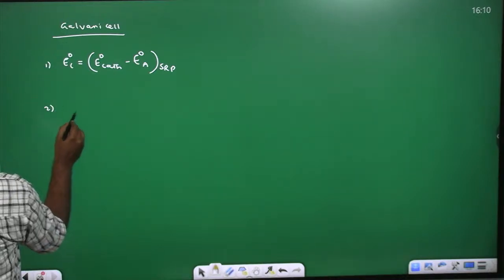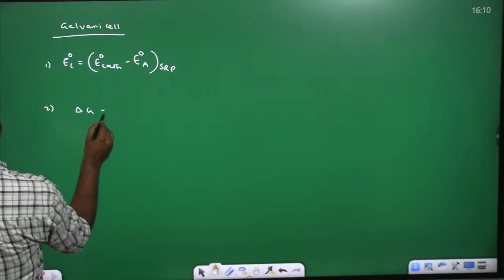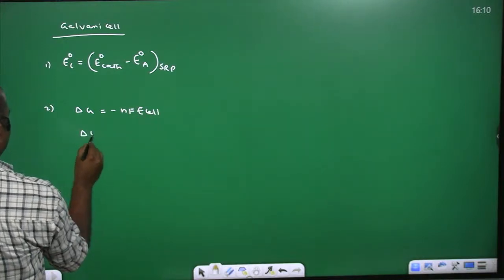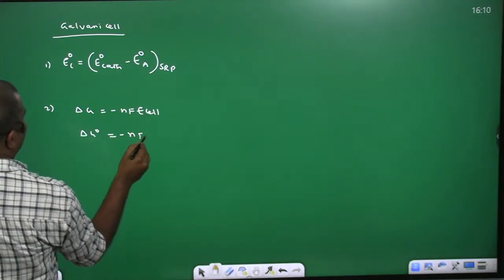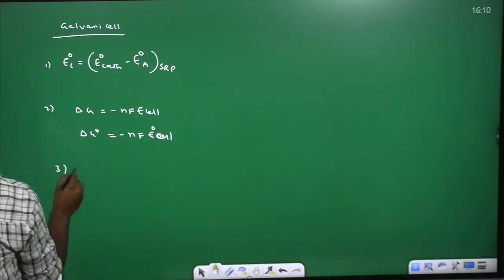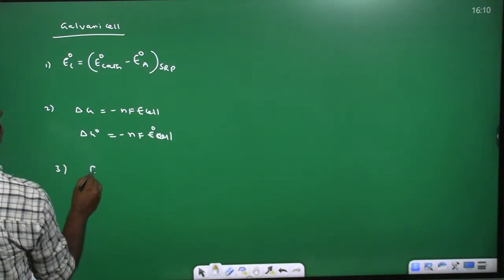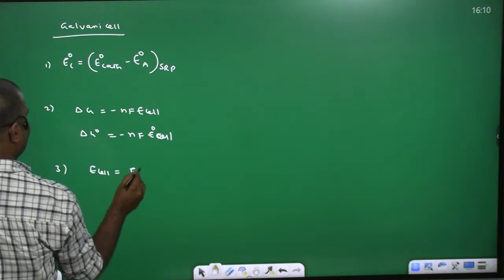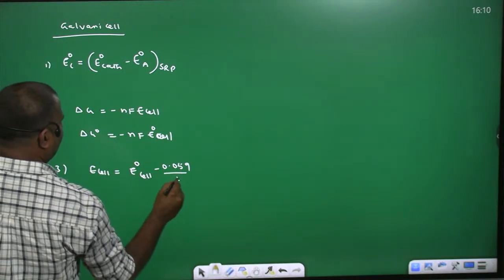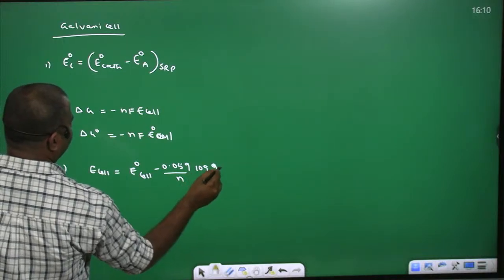Next, delta G equal to minus NF E cell, or delta G naught equal to minus NF E naught cell. What is the Nernst equation? E cell equal to E naught cell minus 0.059 by N into log QC.